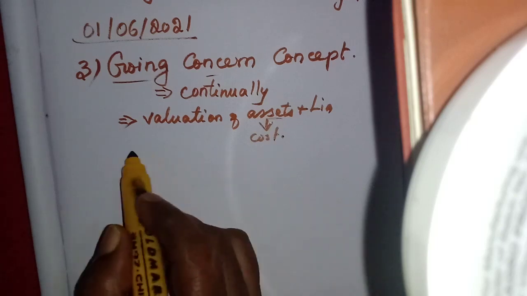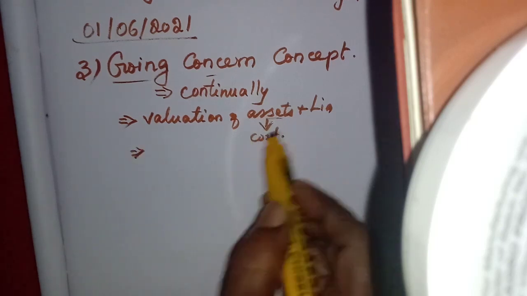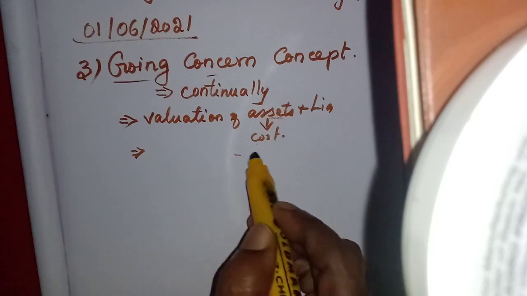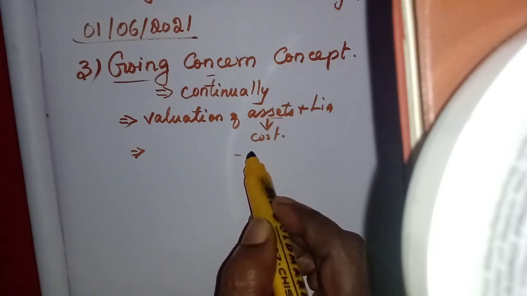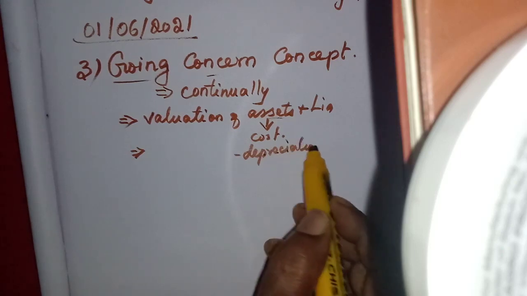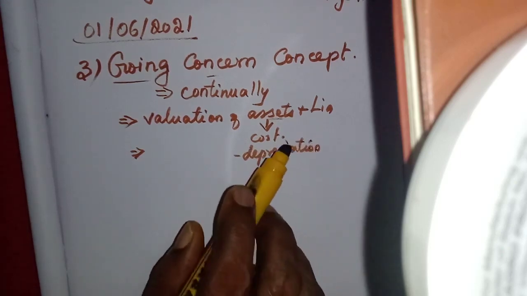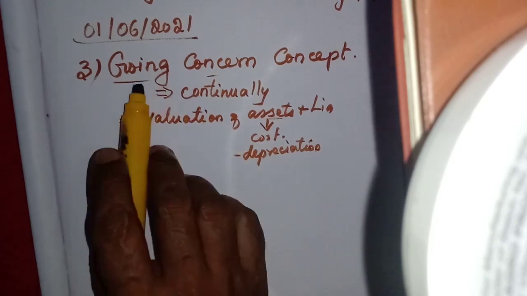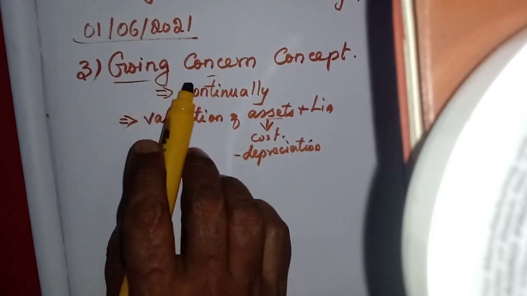Then for the assets we will reduce the depreciation. 1% will be taken and considered as depreciation, because it is used in the business for around 10 years, 15 years.